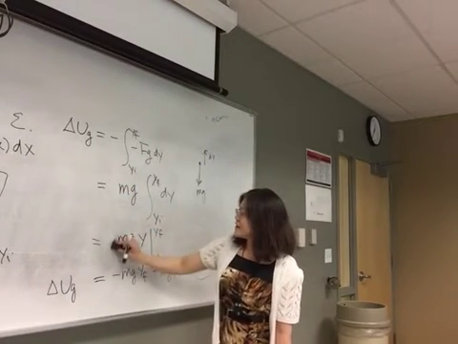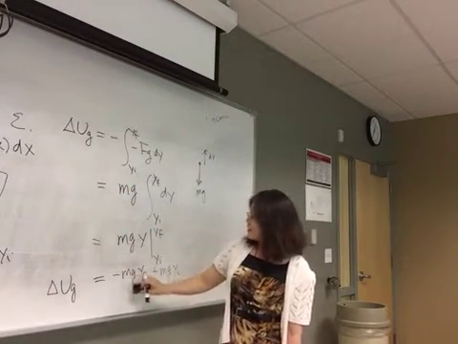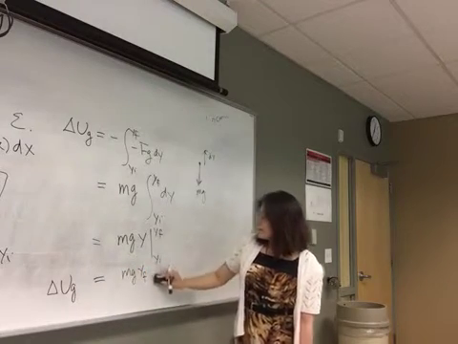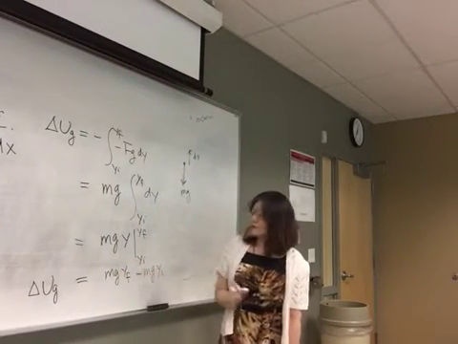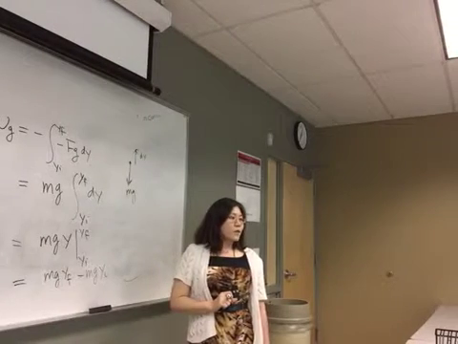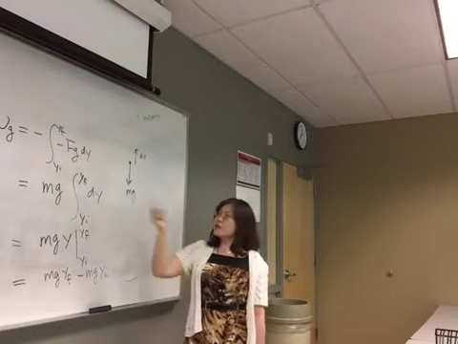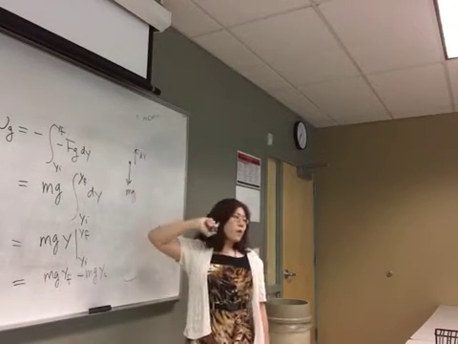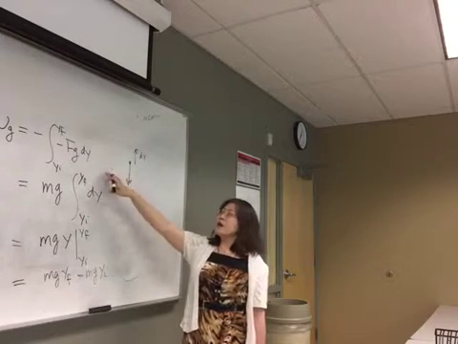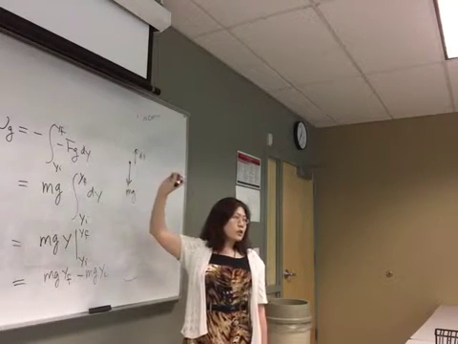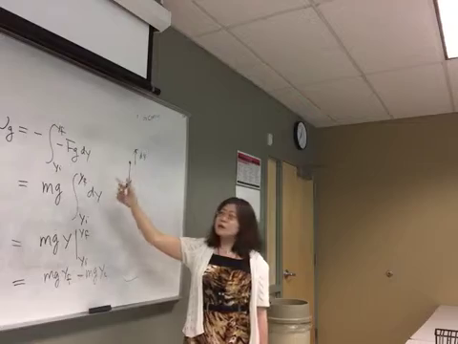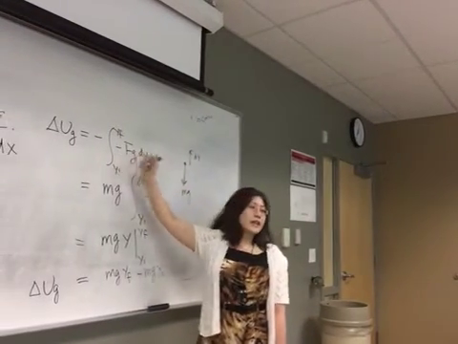Again, sorry about this. This is just because they differ by 180 degrees. So when you do FG dy, it is FG dy cosine 180, that just gives negative. So that's where the negative comes from.